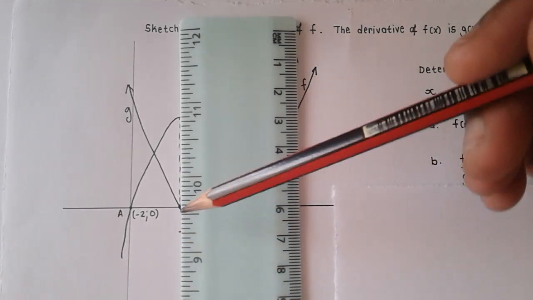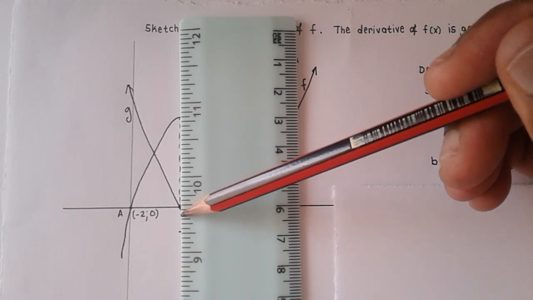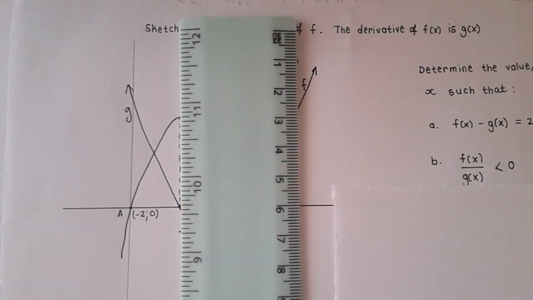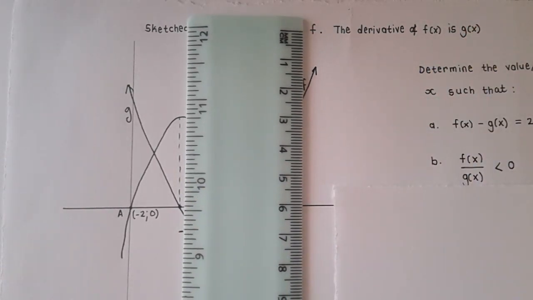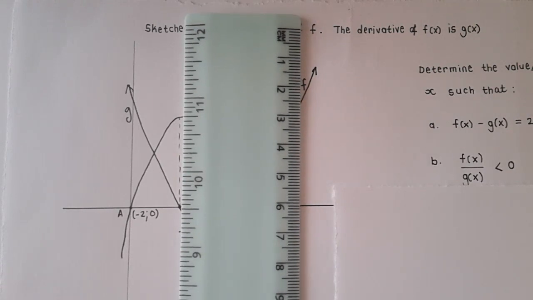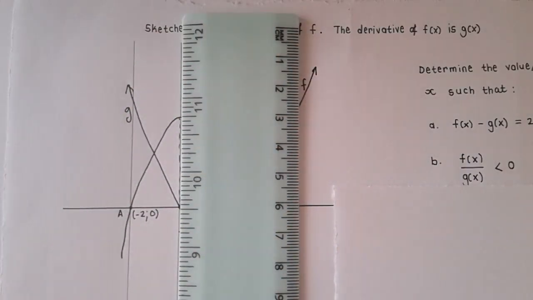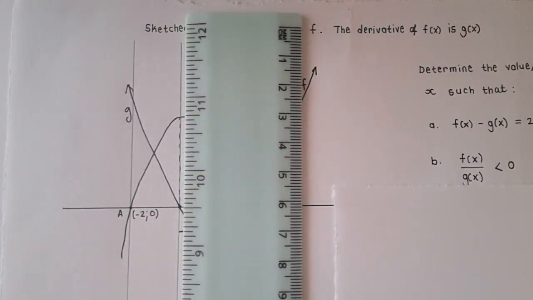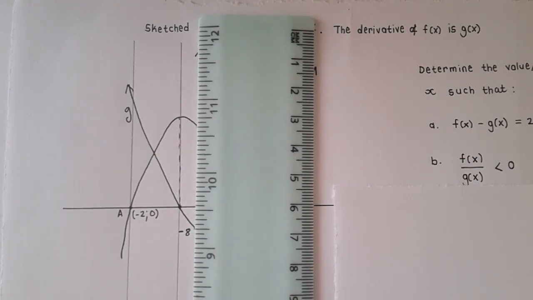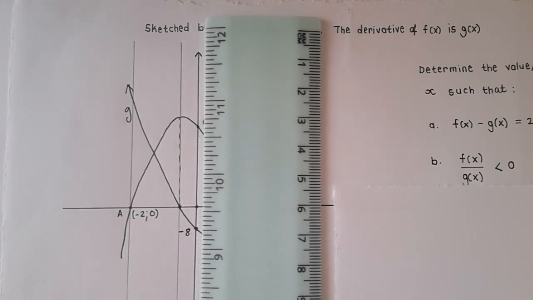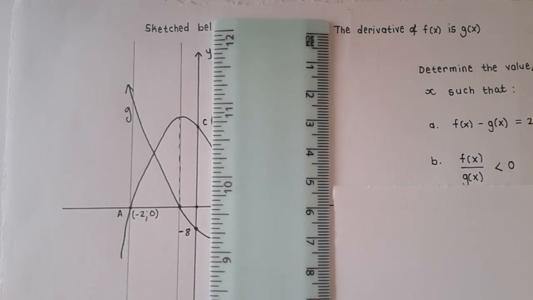Now g is going to start going below, so we can draw a line, because now they're on opposite sides again. Here we go: f is above, g is below. That's opposite sides. Still on opposite sides.